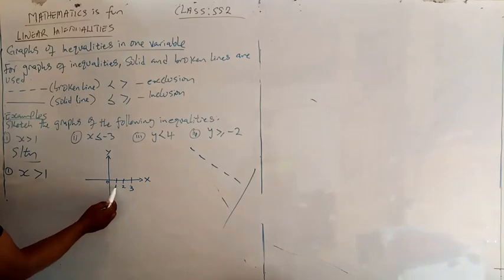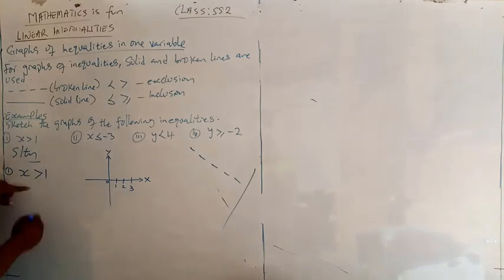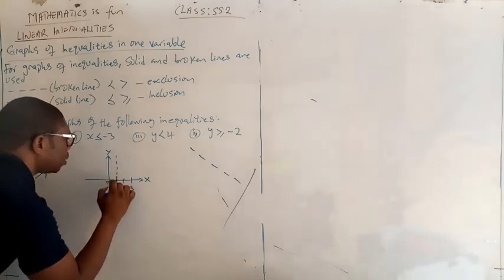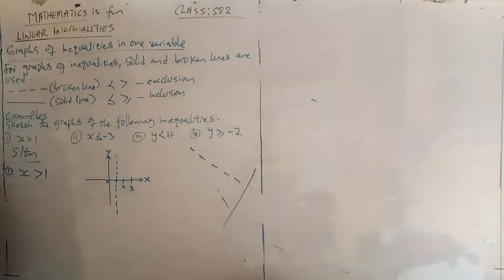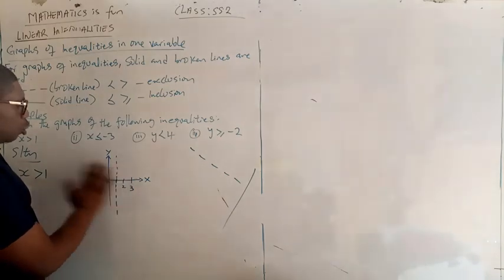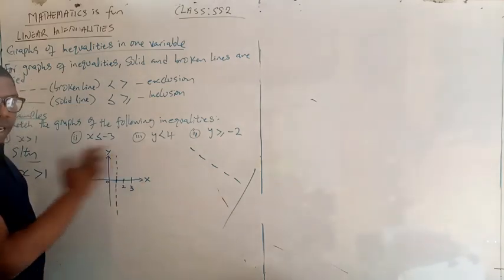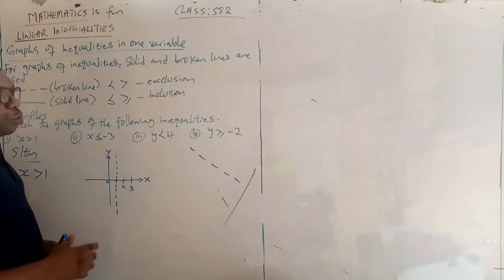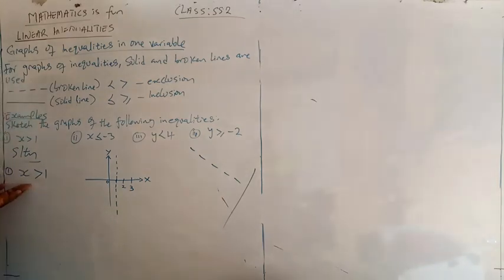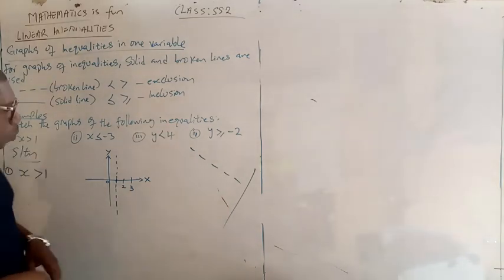If this is where you have x equal to 1, and this is exclusion, put the broken line this way. And the statement says greater, where you have numbers. So this broken line is dividing the graph into two, left hand side and the right hand side. Now we are going to shade off the required region. This statement is saying x greater than 1.